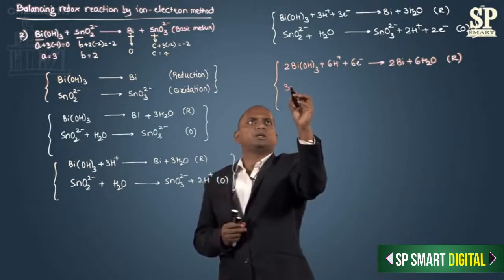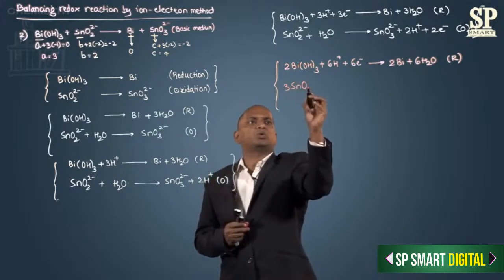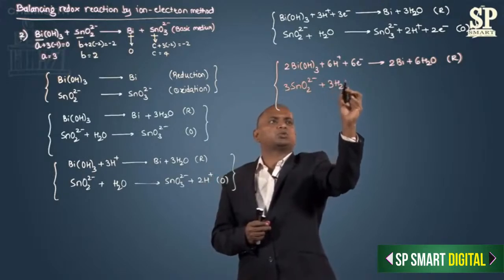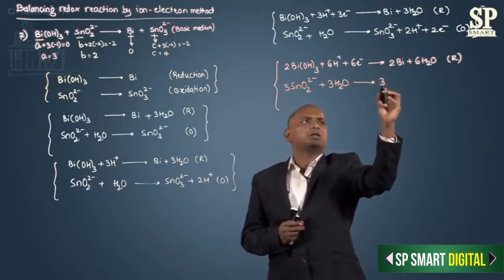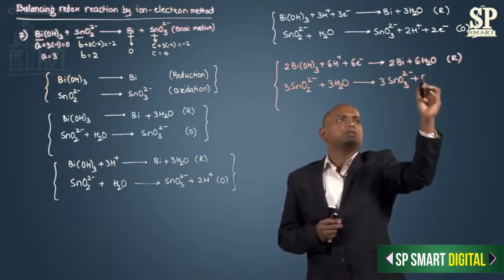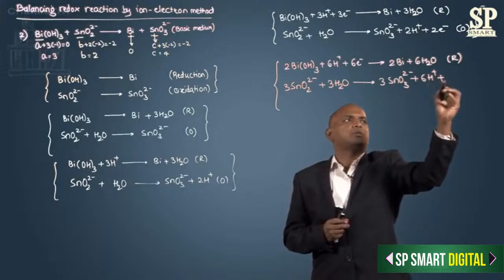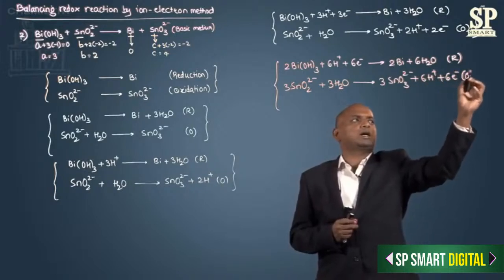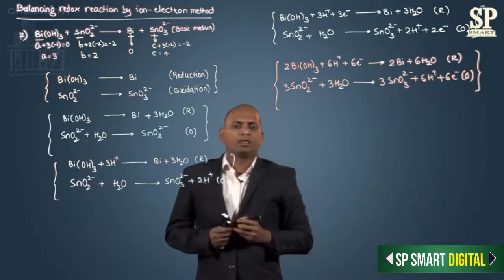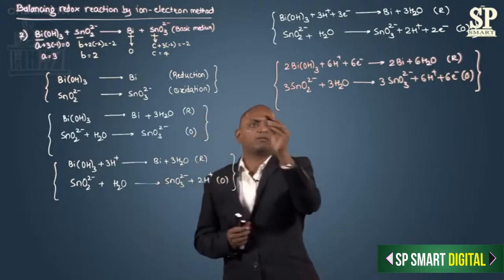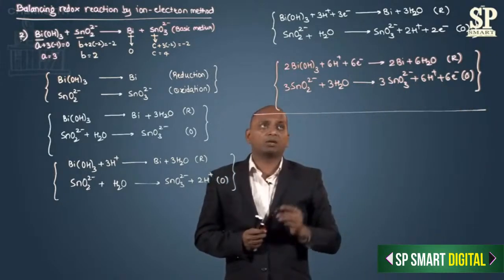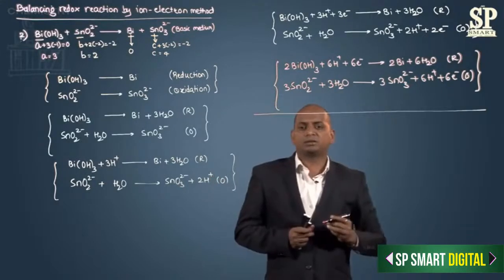So 3 SnO2 2 minus plus 3 H2O gives you 3 SnO3 2 minus plus 6H plus plus 6 electrons, and oxidation. Now if you observe carefully, if we add, electrons get balanced, at the same time hydrogen also balances.